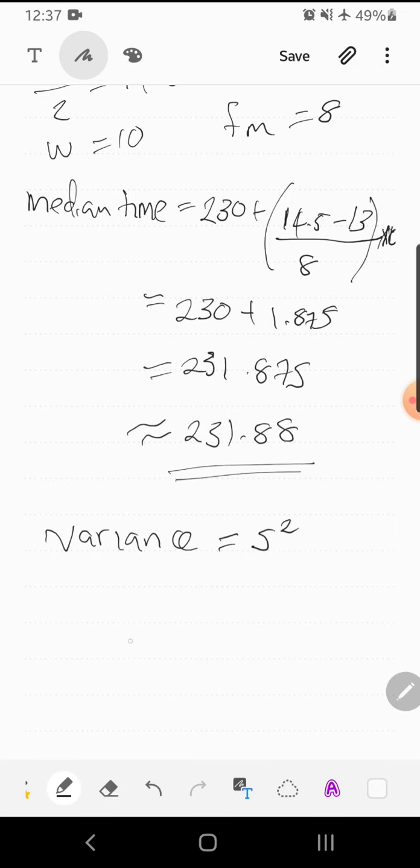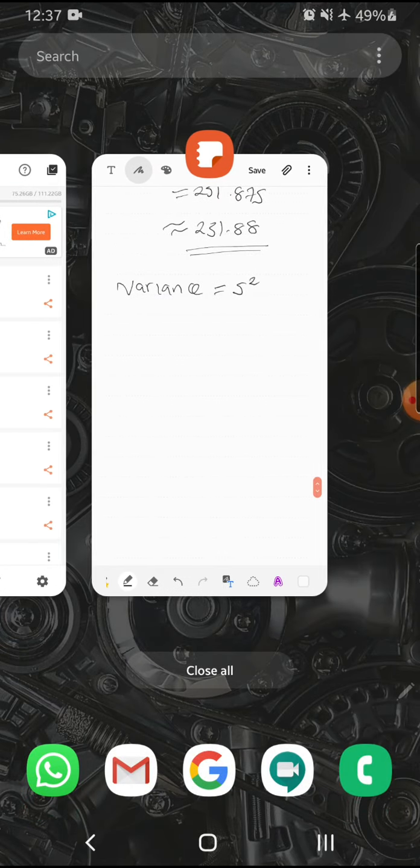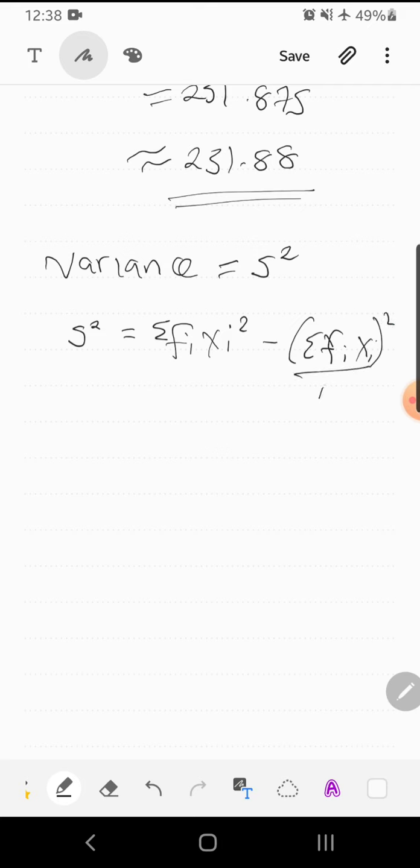Okay, so with this one, we're going to say variance is just equal to the summation of fi xi, squared, minus the summation of fi xi squared over n, everything divided by n minus 1.